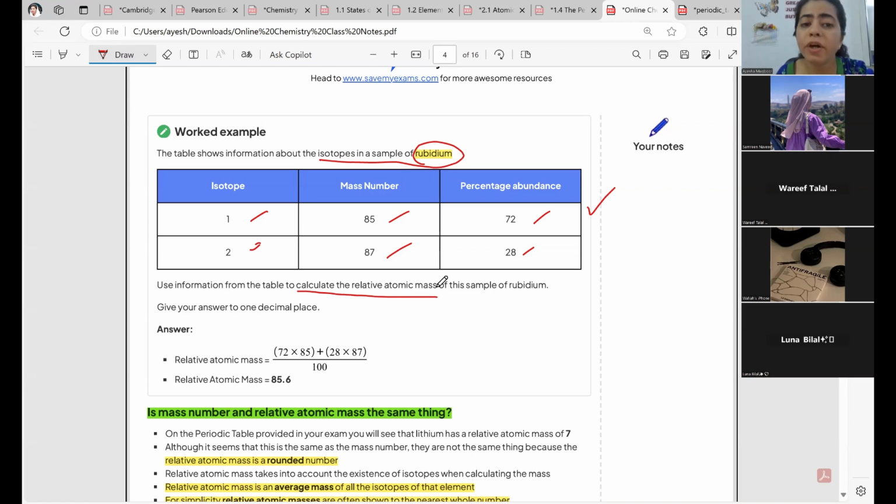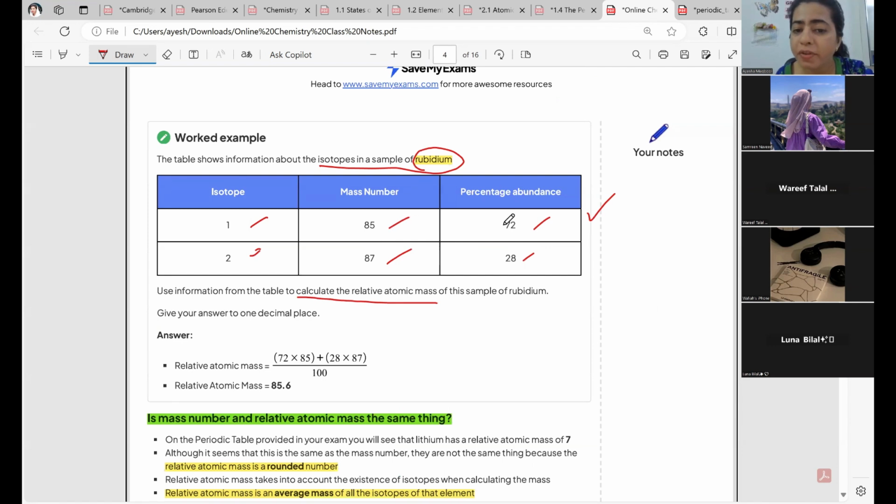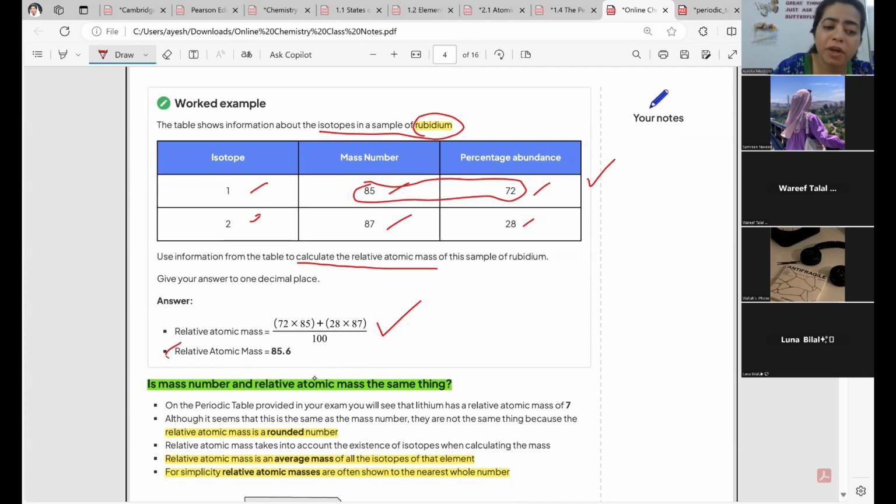What I told you is that you take the percentage of the first isotope, multiply by its mass, plus the percentage of the second isotope, multiply by its mass, and divide by 100. See, the percentage of the first isotope is 72, multiplied by 85, its mass, plus the percentage of the second isotope, 28, multiplied by 87, total divided by 100. So here is the relative atomic mass, 85.6, which is basically what is written in the periodic table.